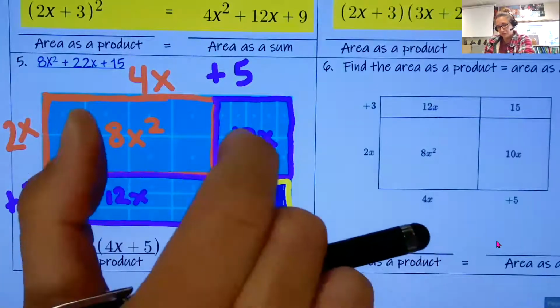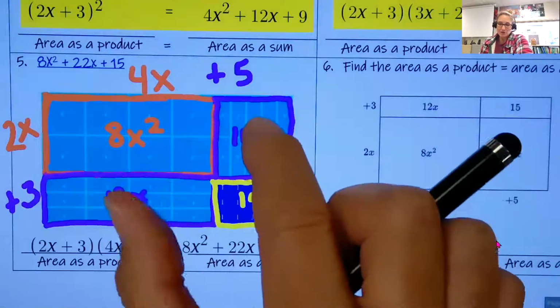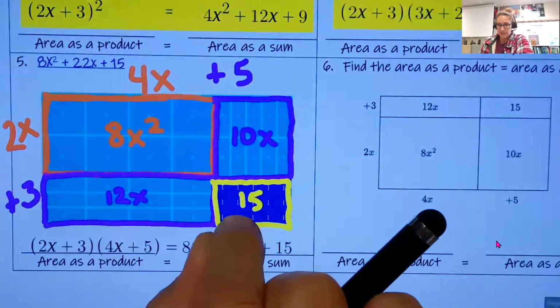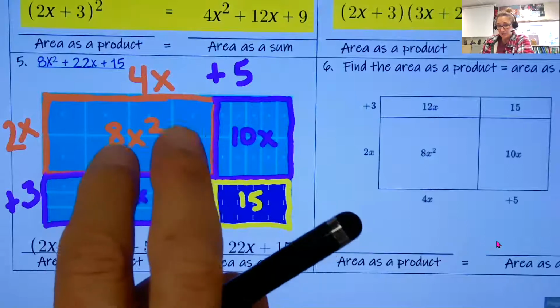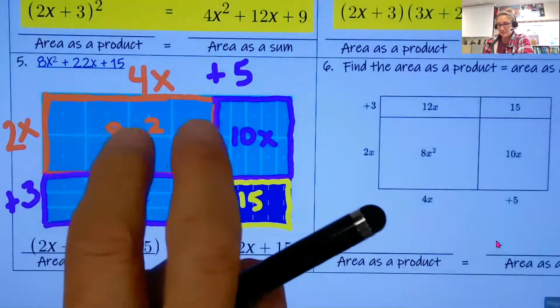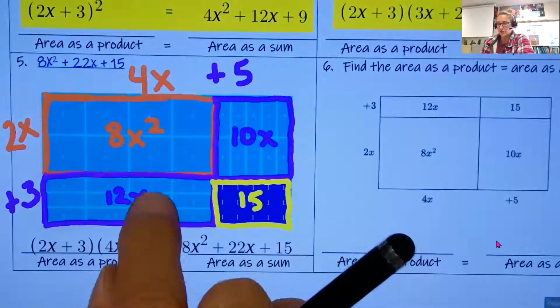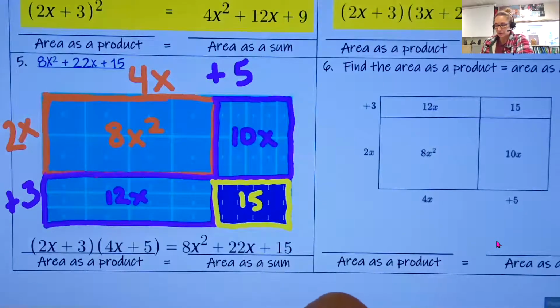So I'm grouping: these are my x squareds, here are x's, here are x's, and this was my 15 ones. Again, we made this with algebra tiles, but instead of having to pull out all of these algebra tiles, 22 of these, which you guys didn't have to pull out because I had them set up for you, but you still had to manipulate them.